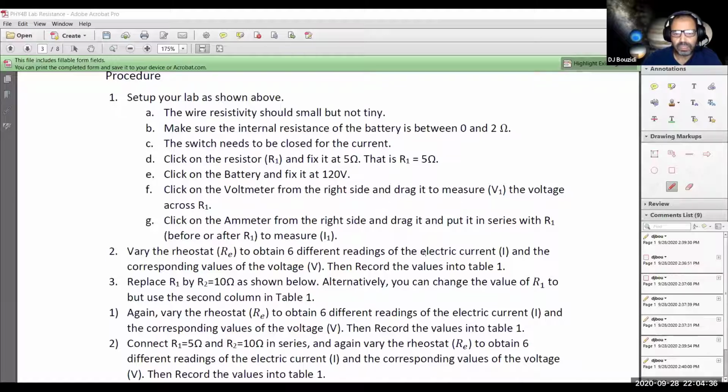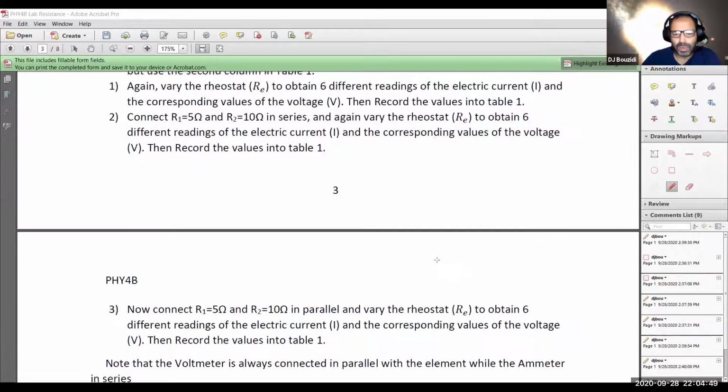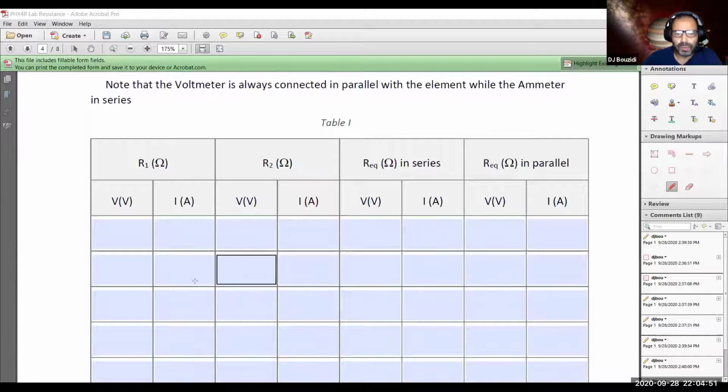Vary the rheostat to obtain 6 different values and the corresponding values of the voltage V. Then record data on table 1. So here is table 1.